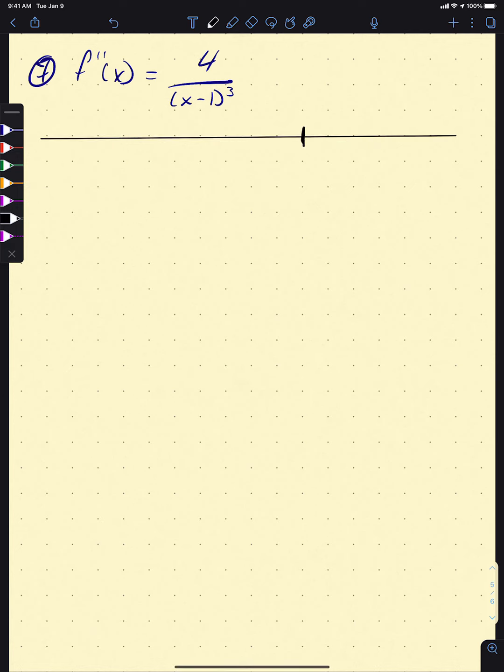Our point of interest is once again at 1, and our function does not exist there. Pick a couple of test points. Let's start with x equals 2. 2 minus 1 is 1. Cubed it stays positive. A positive divided by a positive is a positive.